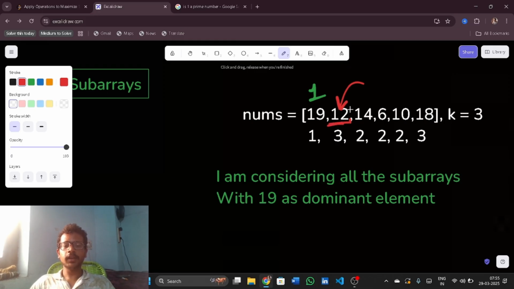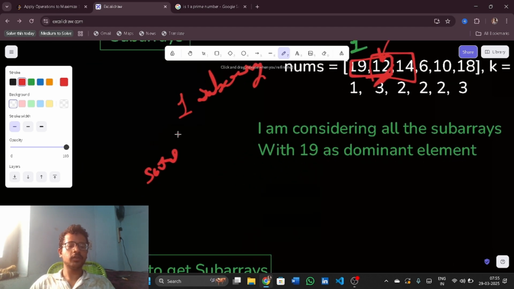So every subarray that I take, I would multiply the score by 12. So if I am taking one subarray, then I need to multiply my score by the dominant element in this subarray. So if I am considering one subarray, then I am multiplying my score by the dominant element one time.